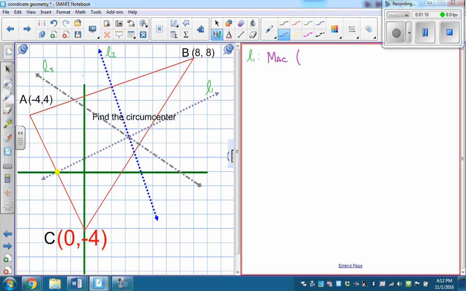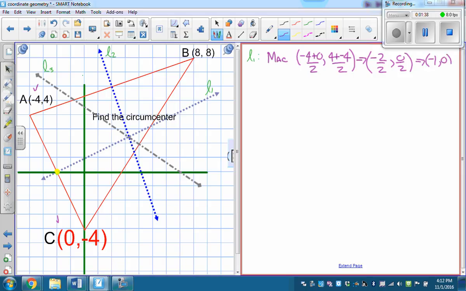So A and C is what I'm looking at. -4 plus 0 divided by 2. And then 4 plus -4 divided by 2. That simplifies to be -2 over 2 and 0 over 2. So the midpoint of AC is -1, 0.